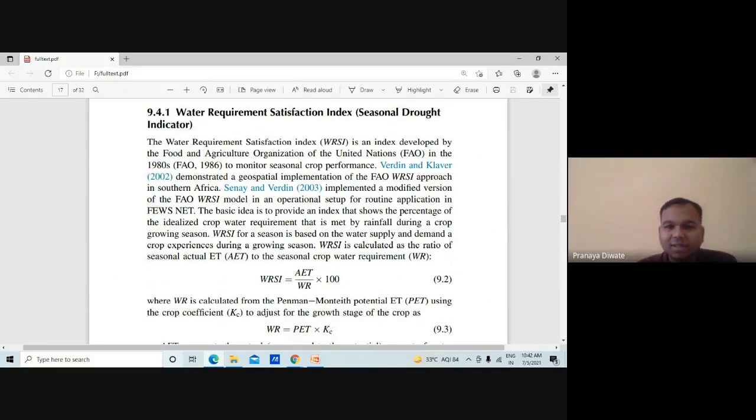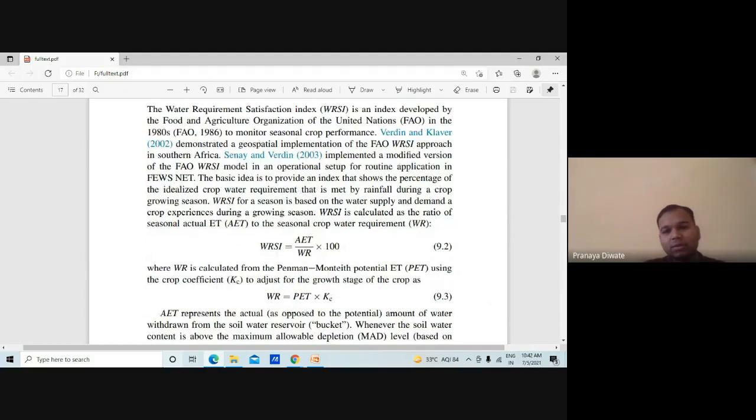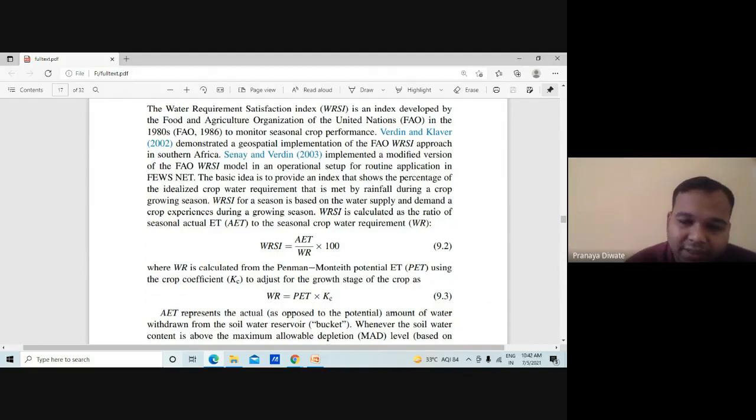So all these types of indices can be used.